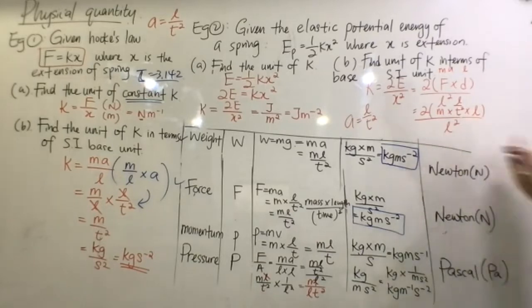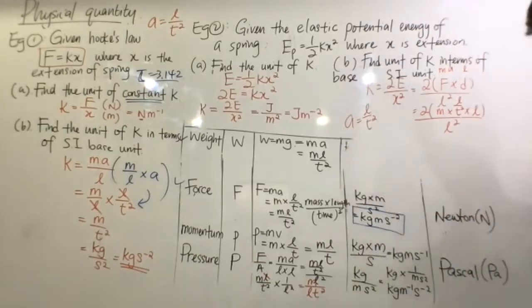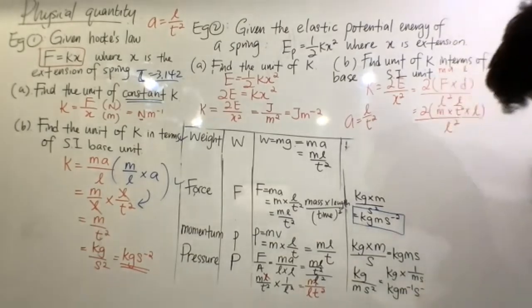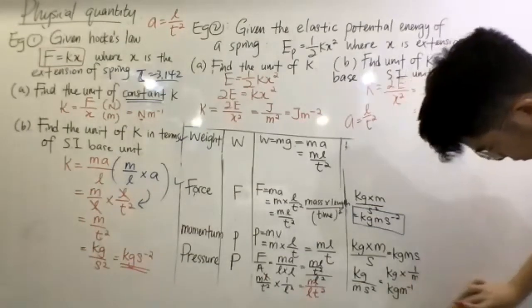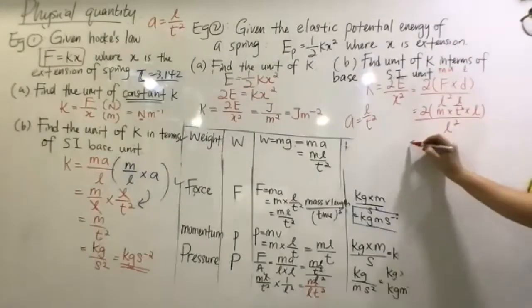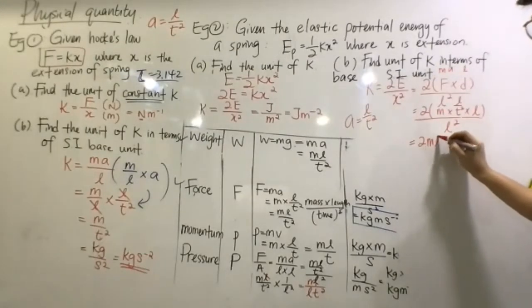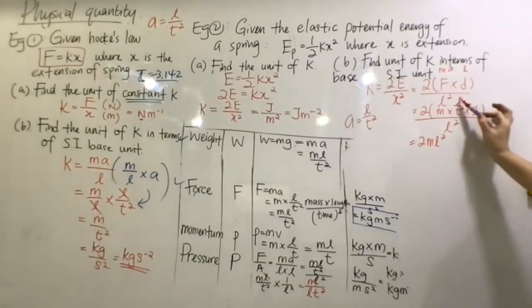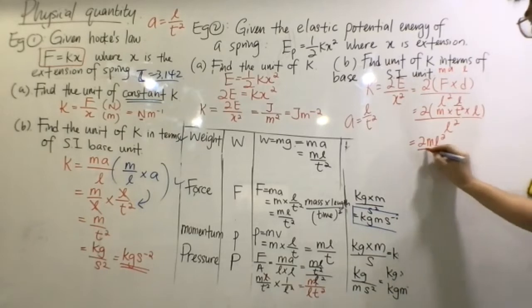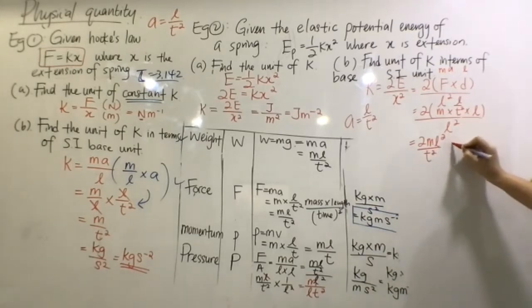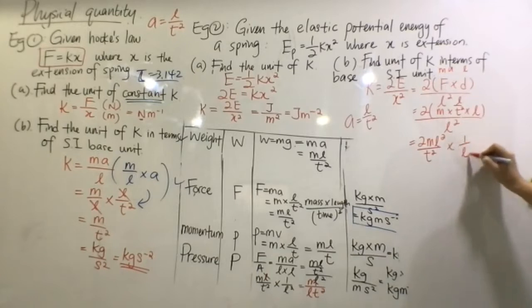Okay, so let me get some space here. Two M L squared, here L squared over T squared, times 1 over L squared.